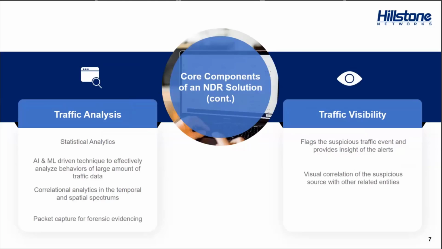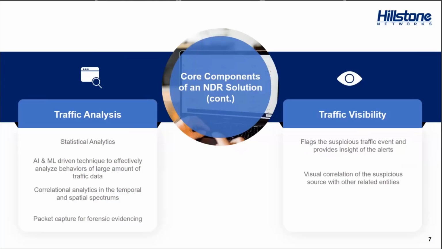The good thing about machine learning or AI-based technologies is that they can extract features from a large amount of data, build baseline models of normal operations, and then conduct effective analysis of new traffic against these models and find any abnormal or suspicious activities.